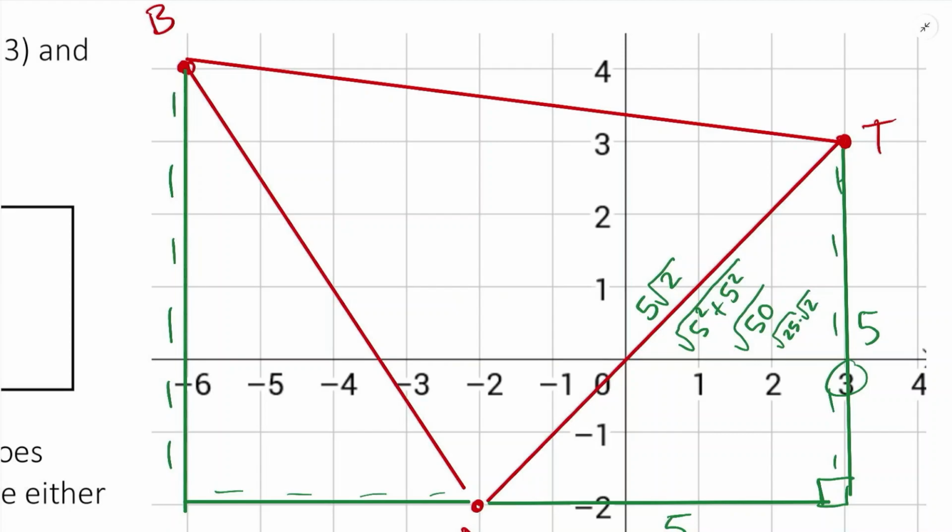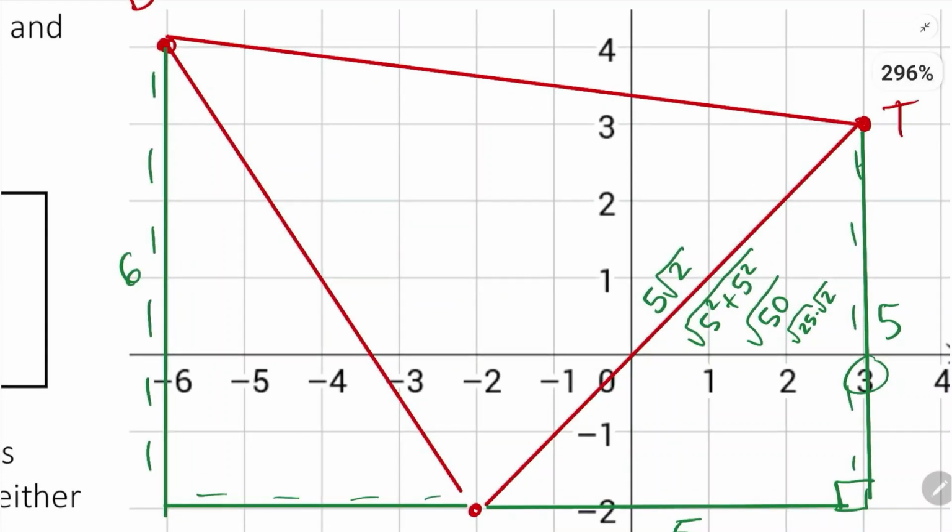So I'll go and label this. This was 6 units and this was 4 units. I know this is a right triangle because I've got here a line that has an undefined slope and a line that has a slope that's 0. So it is a right triangle.